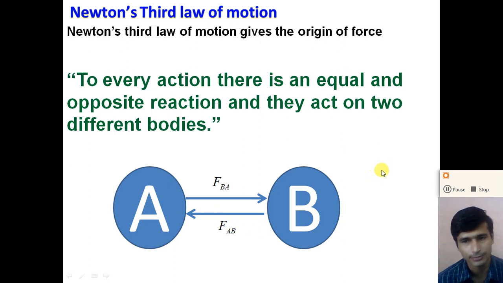Understand, dear student? So here one force is called the action force and the other force is called the reaction force, right?